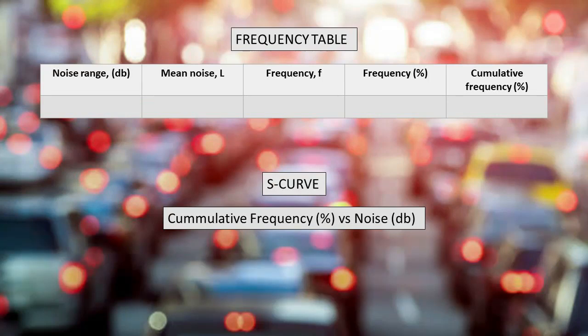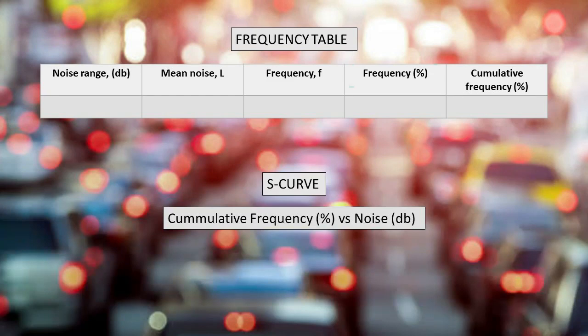For the next one, for the frequency table, we need to calculate the mean noise, frequency percentage, and cumulative frequency percentage. But firstly, we need to categorize the noise according to the range. To get the mean noise, add the minimum and maximum range of noise and then divide it by 2. To get the frequency, calculate the number of noise readings in the noise range.